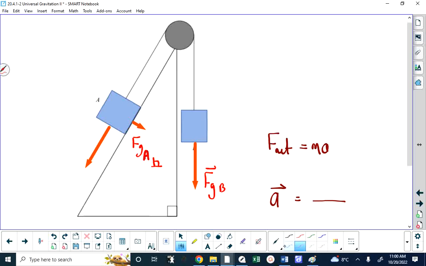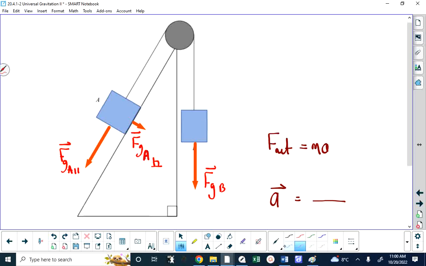This is the force due to gravity acting on A parallel to the ramp. Do we have any other forces? What's one other force, Alex? Friction. And which way, this gets tricky now.